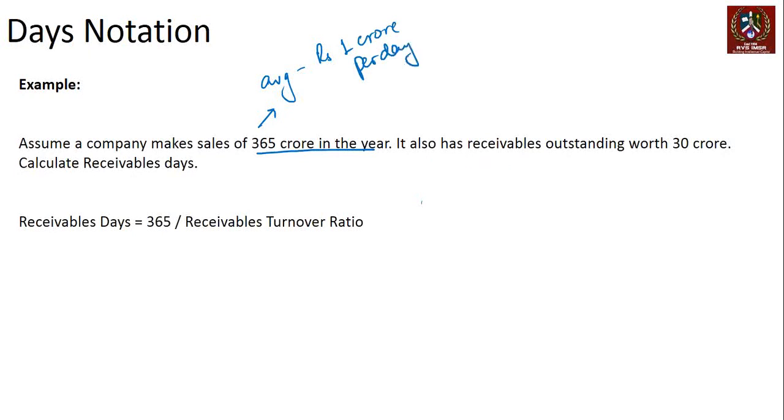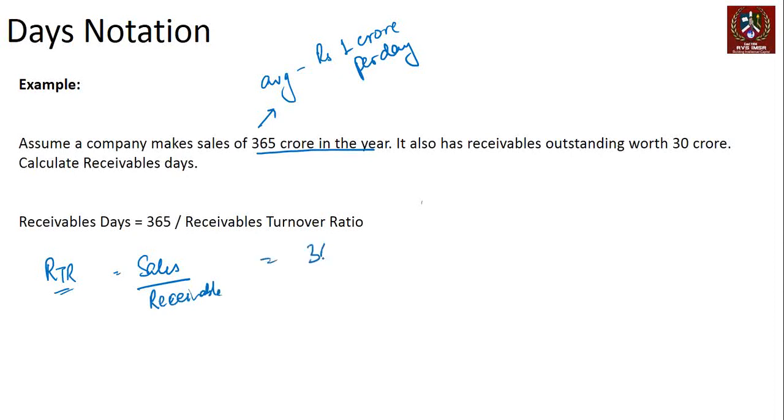It also has receivables of 30 crore outstanding. So let's first use the formula calculation and comprehend. So what is the receivable turnover ratio? We are going to use sales because we don't know what credit sales are.